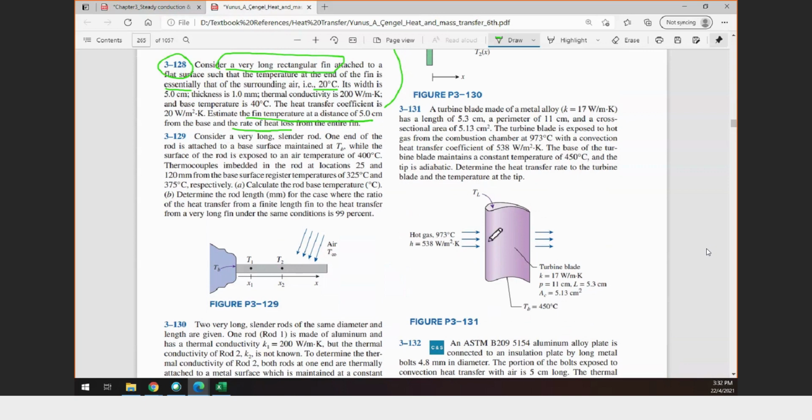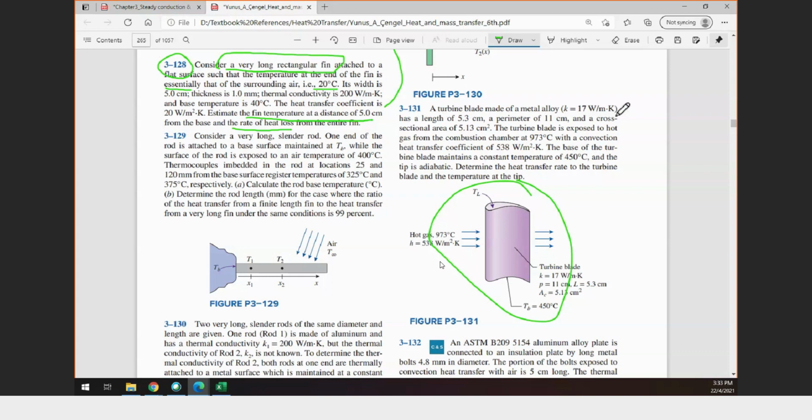This is quite an interesting example because this is a more actual fin. You need to assume that this fin represents some simple geometry that represents this shape.